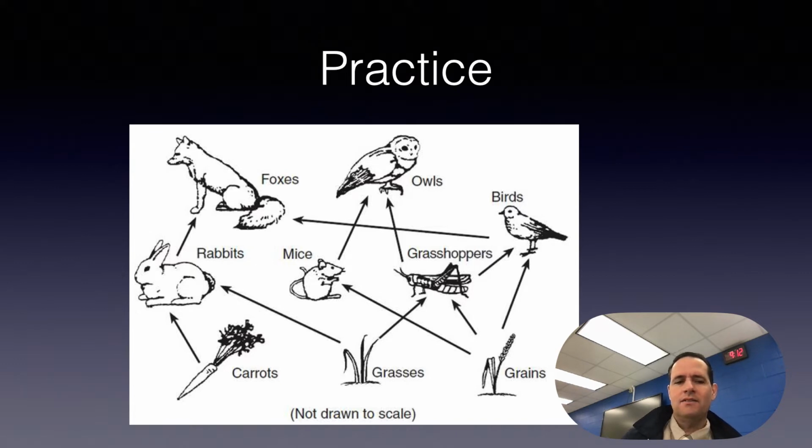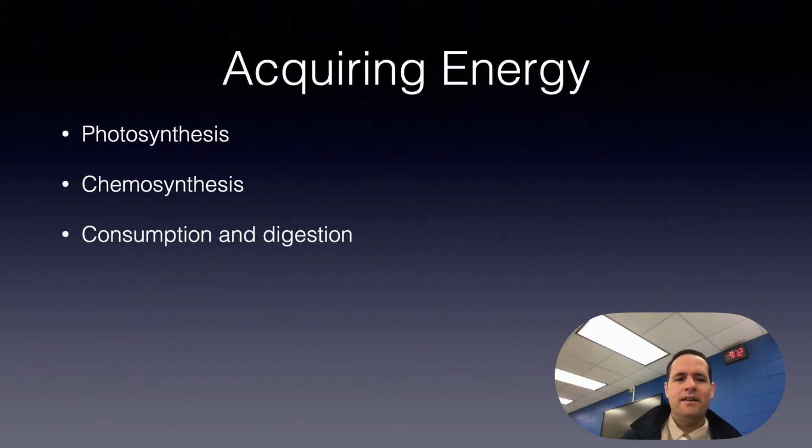Owls and foxes appear to be at the top of the food chain with nothing else eating them, but later we will talk about decomposers who can recycle the energy back to soil-dwelling organisms. I think I talked about the nitrogen cycle previously, but we'll talk a little bit more about decomposers at the end.